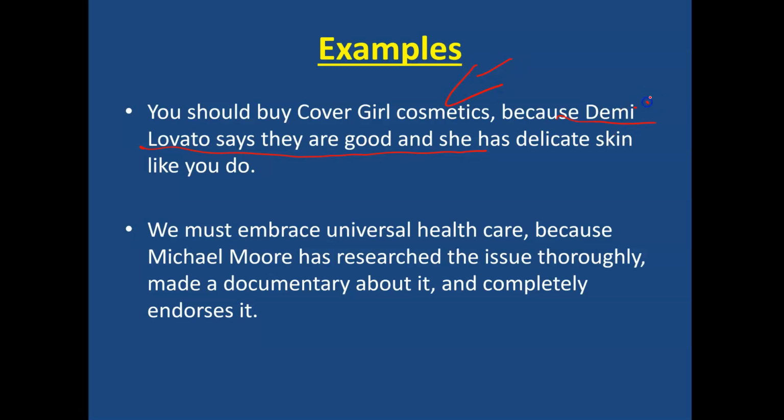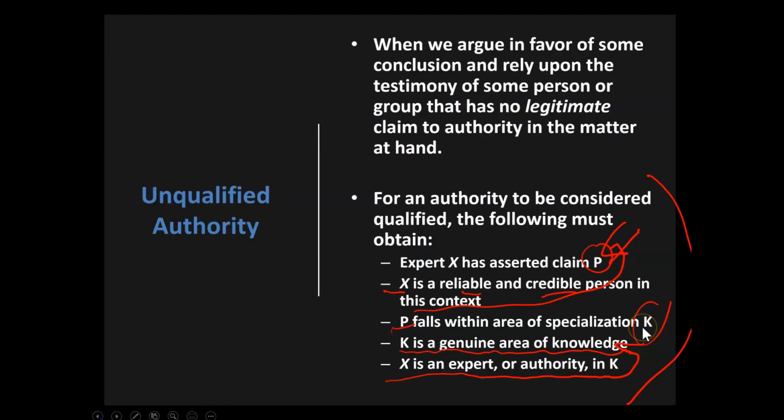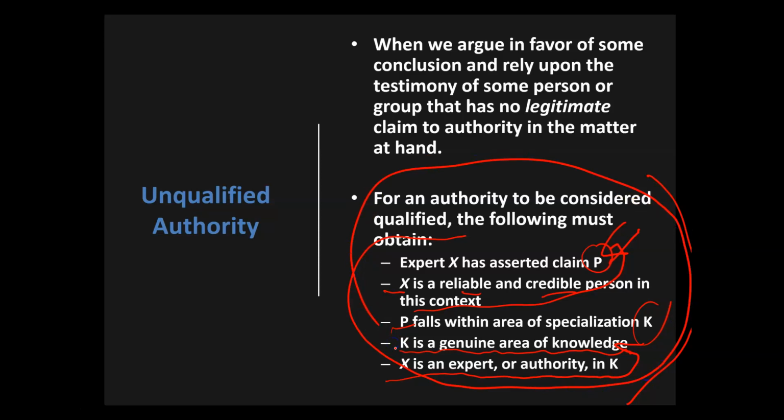Because she says so, right? And the problem is that Demi Lovato is not, let's say, a dermatologist, for instance. If you're going to use arguments by authority, you have to pick the right authority, and that authority has to meet these conditions.